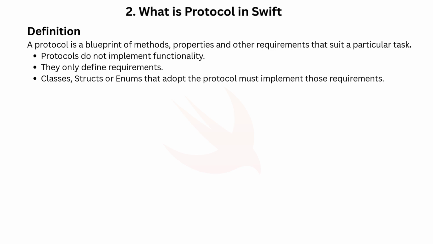Let's take an example of how we can create a protocol in Swift. For the syntax, protocol Animal, and write a function, a normal function, just like we normally write. Now any class adopting this Animal protocol must implement this makeSound.